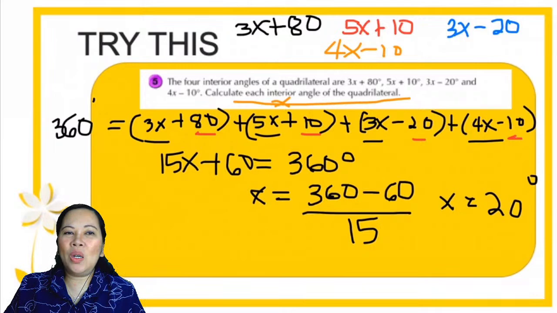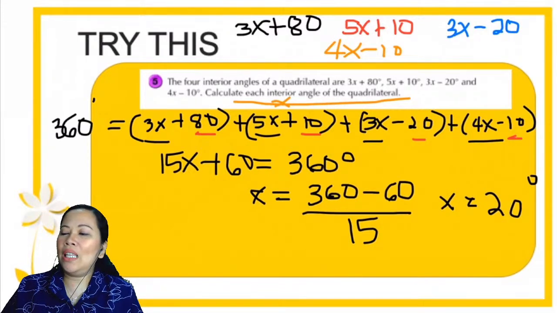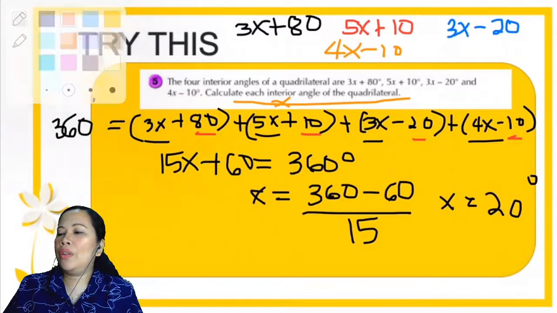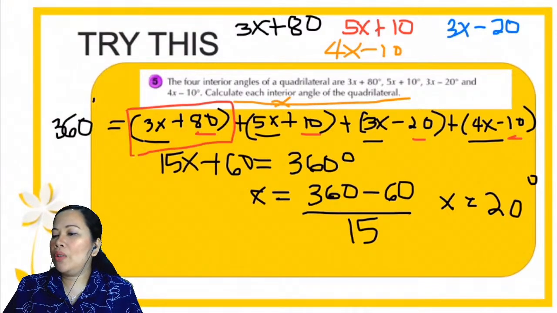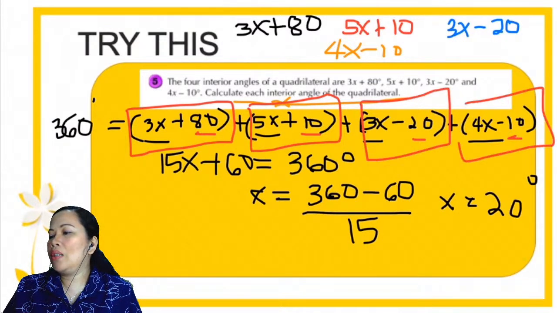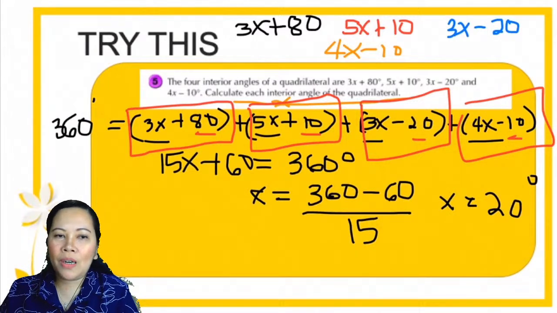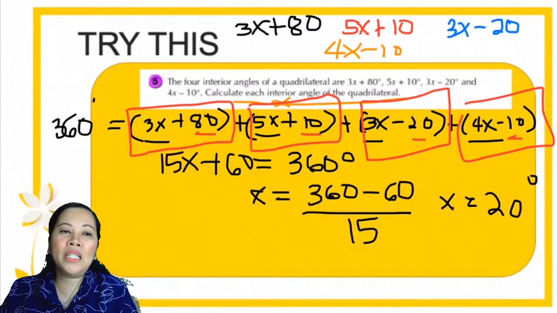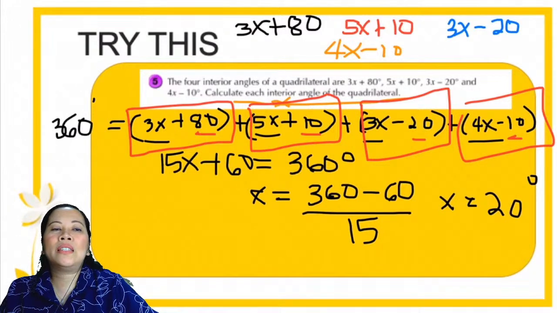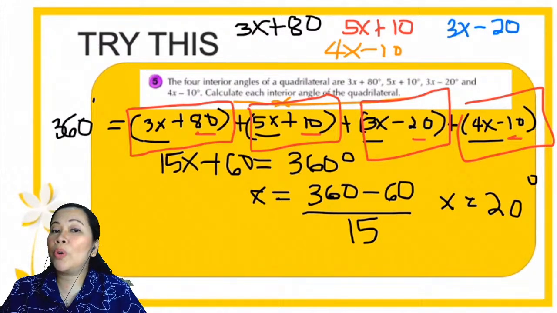Since you know that x is 20, all you need to do is substitute that value back into each expression so that you would know each angle's measure. So 3 times 20 is 60, plus 80 is 140.